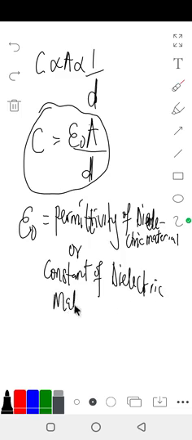Some people will call it the constant of dielectric material. It's called the permittivity of dielectric material or the constant of dielectric material.